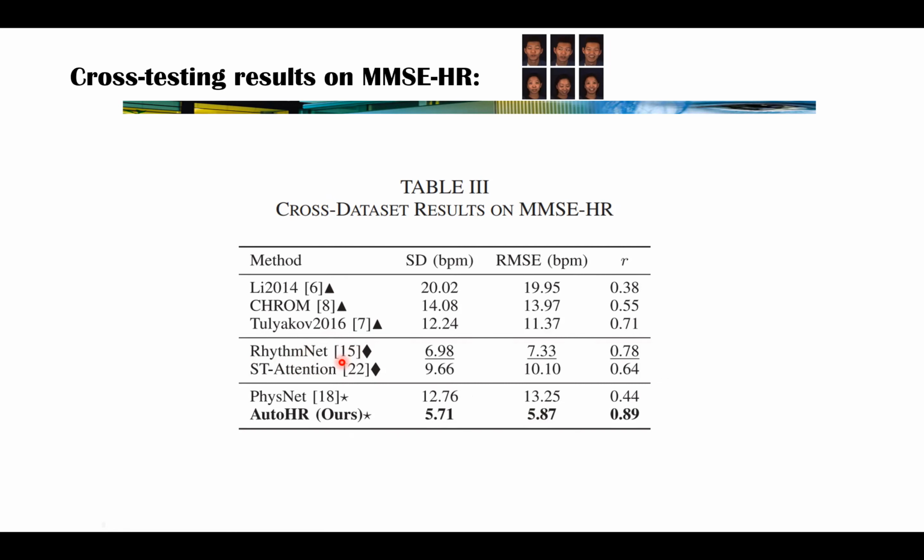They overfit, and it's hard to generalize to other domains, for example MMSE-HR. But our method seems to have better generalization ability than this kind of method. This is interesting and very inspiring for the future design of end-to-end methods for rPPG measurement.